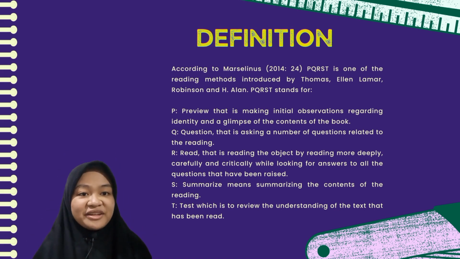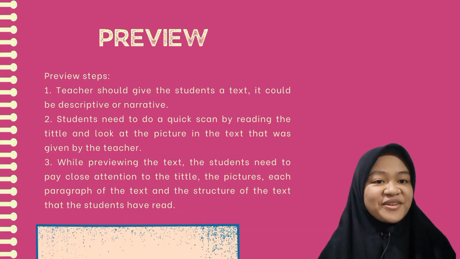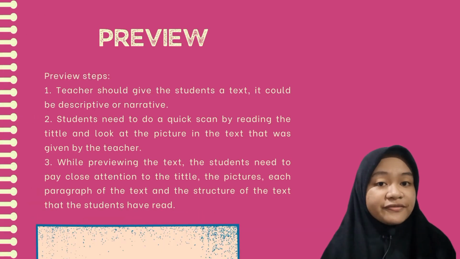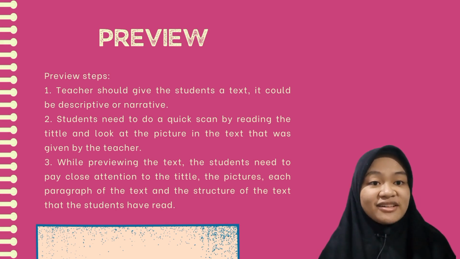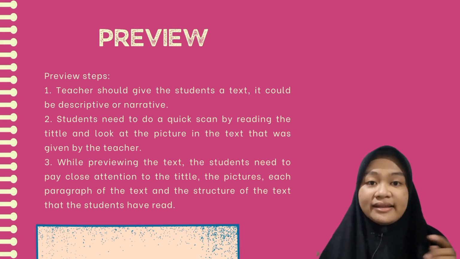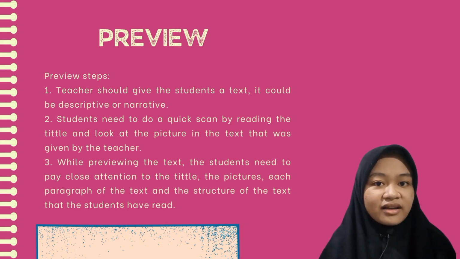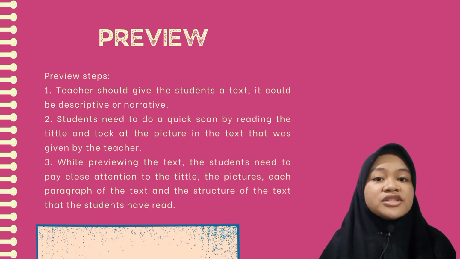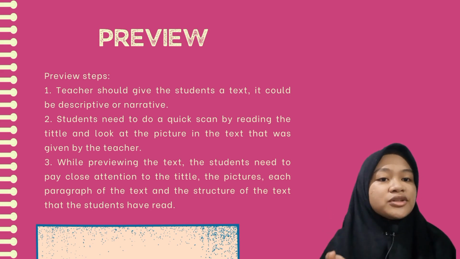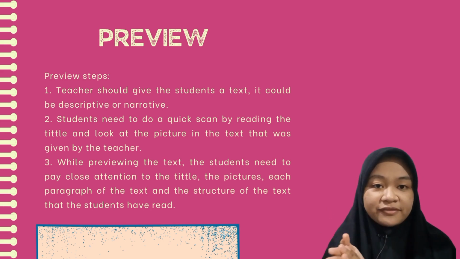I will explain the first step of PQRST, that is P or preview. Preview specifically means making initial observation regarding identity and a glimpse of the contents of the text. The steps are: the teacher should give students a text, and it could be narrative or descriptive.